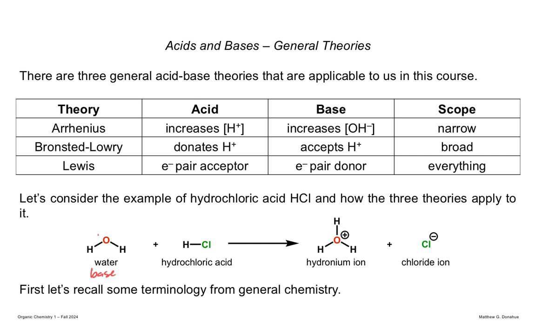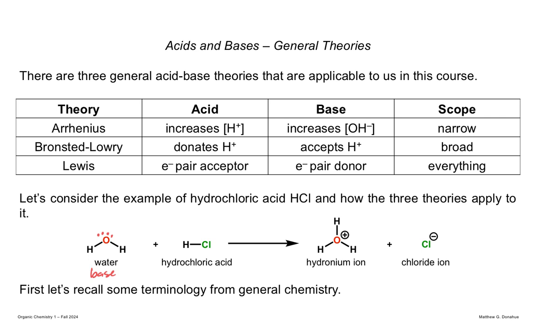So I'm going to put the lone pairs of electrons on water. And then if you look at the product side, you see hydronium ion. So it has an extra hydrogen on it. So that hydrogen had to come from the hydrochloric acid.